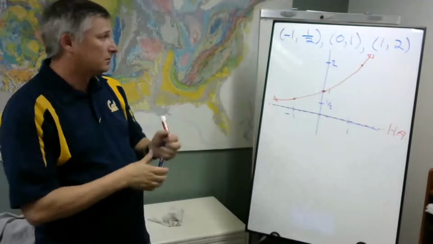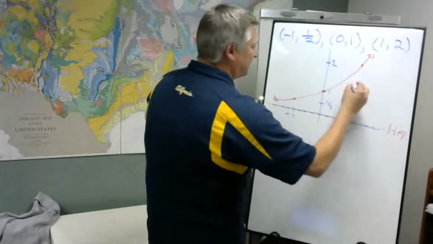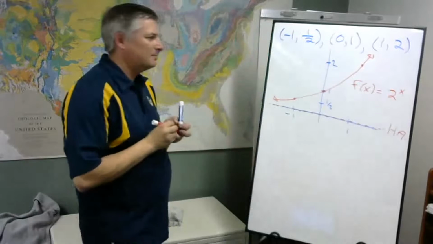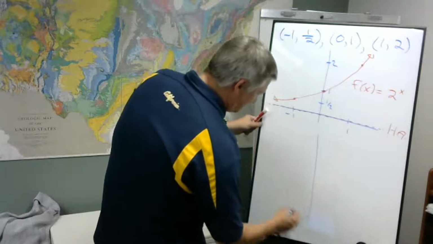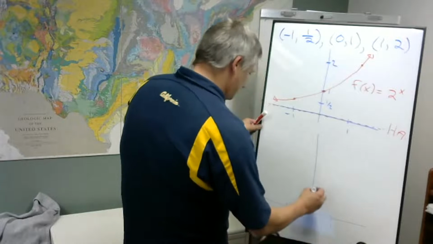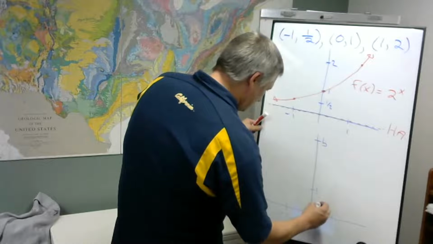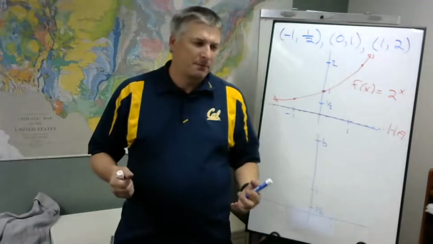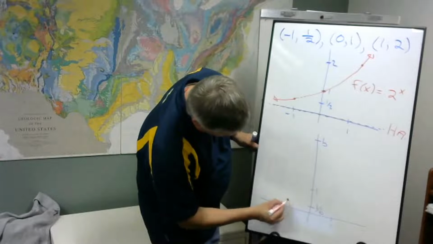And what we're going to get in general for f of x equals 2 to the x is something like this. So for f of x equals b to the x, when b is greater than 1, we'll have negative 1, 1 over b.